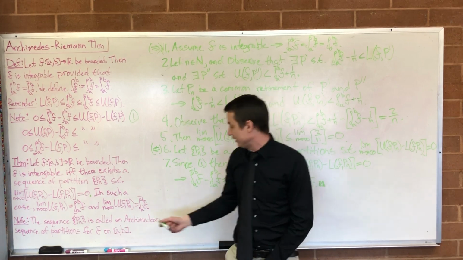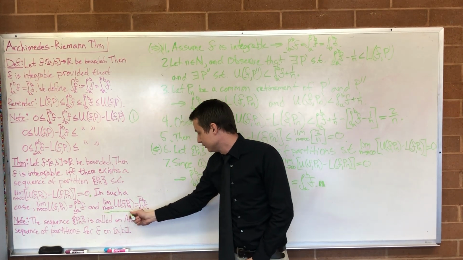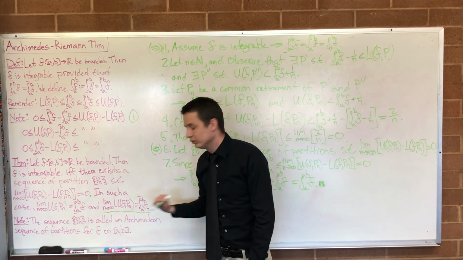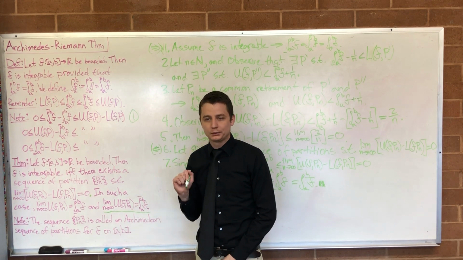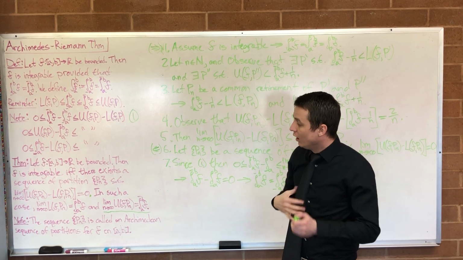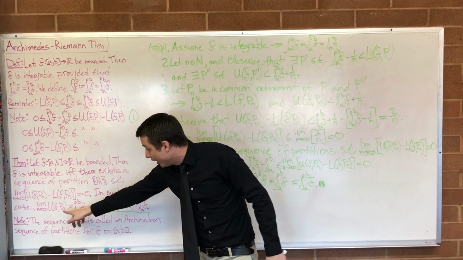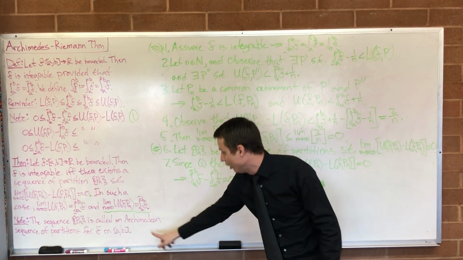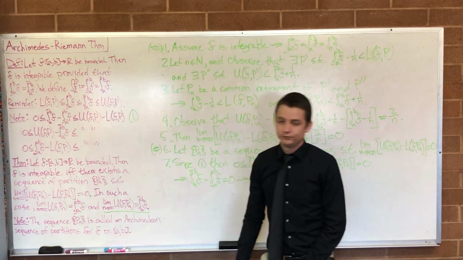And you'll notice last week at the end of class, this is exactly what I did. I calculated the limit of the upper Darboux sums with a partition that did this. And we just used a regular partition. Oh, terminology. A sequence of partitions that makes this difference go to 0, we call an Archimedean sequence of partitions.